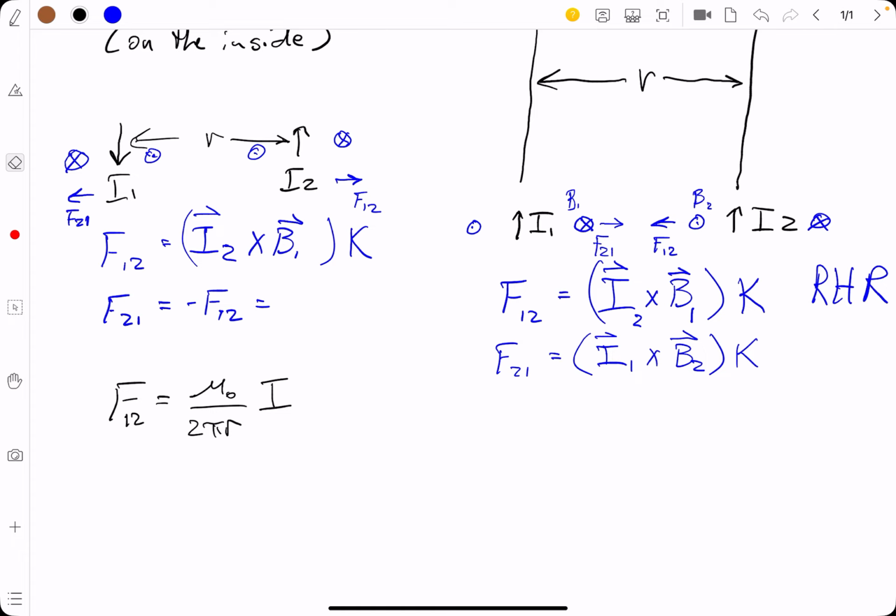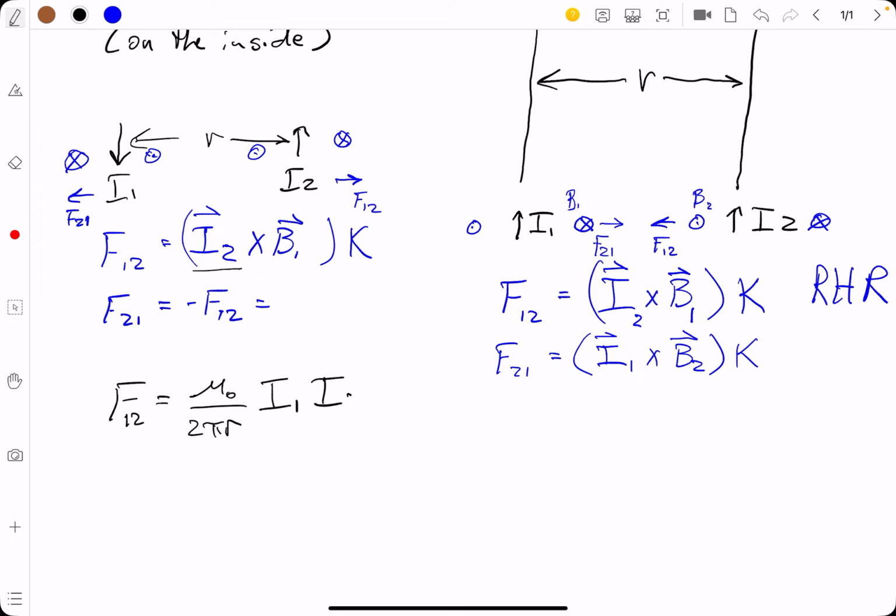So I'm doing the B field from 1, and that is generated by I1. Okay, that's the B field for 1. Now I'm also multiplying that by the current that's going through 2, right?